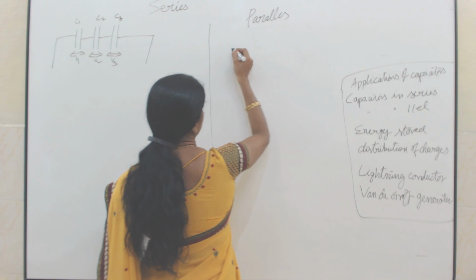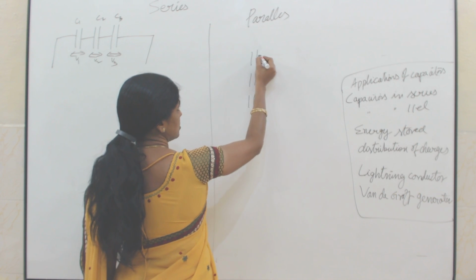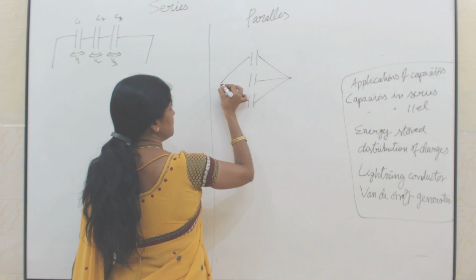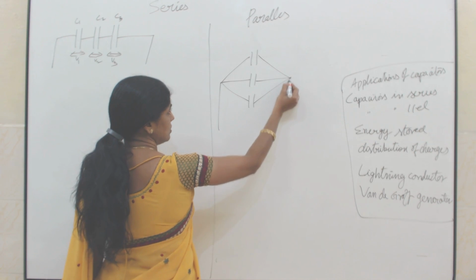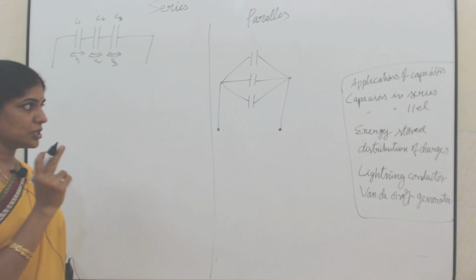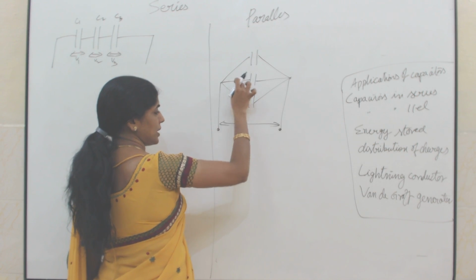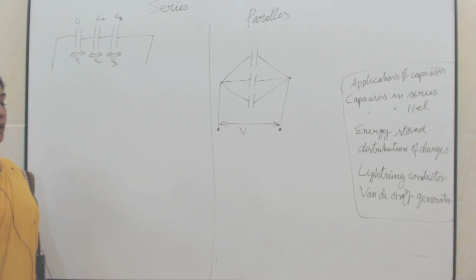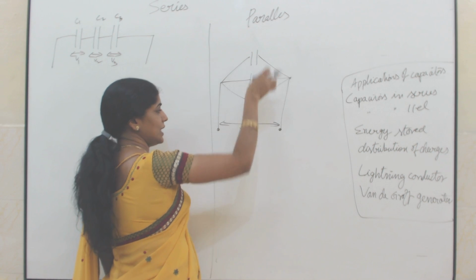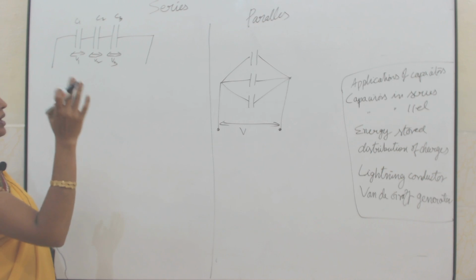Parallel. When a number of capacitors are connected to the two terminals, here I have three capacitors, connected to the two terminals such that the potential difference developed across each capacitor is the same, then I can say these capacitors are connected in parallel.